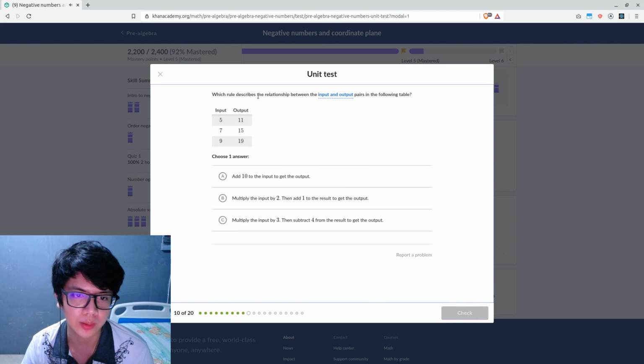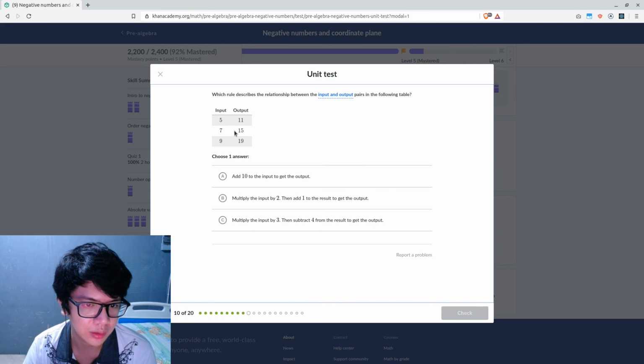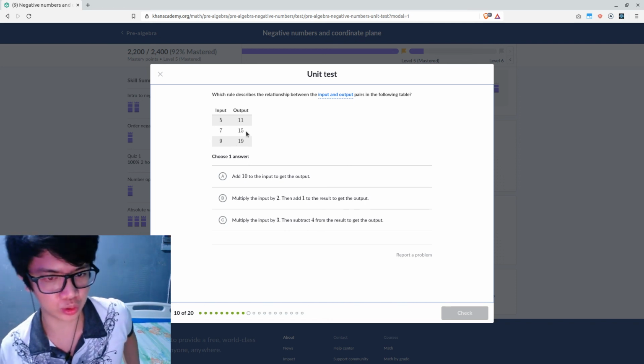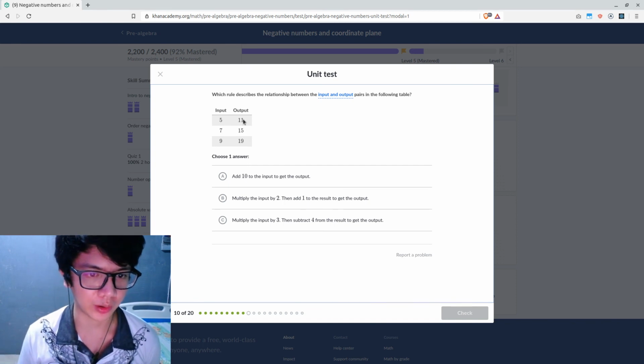Which rule describes the relation between input and output? This adds 6. This adds 8. This isn't adding 9. 8. Okay, multiply by 2 and then add 1. Okay, multiply by 2 then add 1.